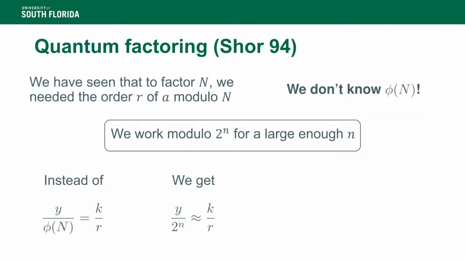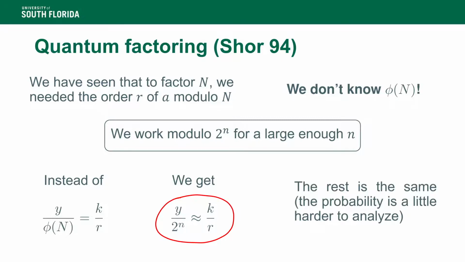Now, of course, instead of getting a y and knowing phi of n and knowing that y divided by phi of n is exactly k over r, what we're going to get here is an approximation. So we're going to get a y such that we will be able to prove that y divided by 2 to the n is close enough to a multiple of 1 over r, okay?